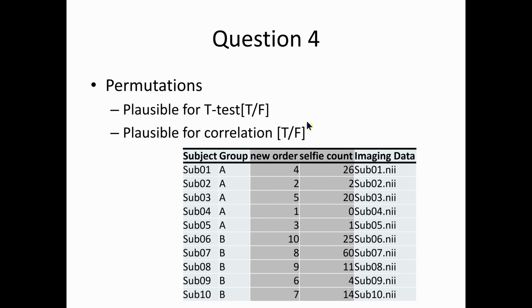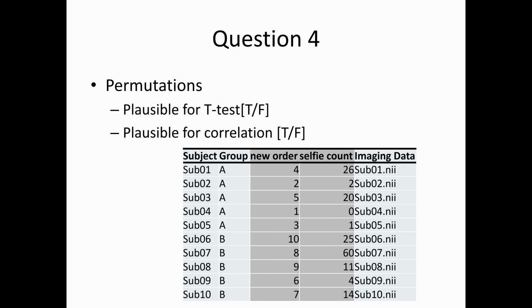So here we have a resorting of the data, and so you have two different groups, Group A and Group B, and you've now reordered the data in this way, and then you also have your selfie count, and you reorder the data this way. So if you reordered the data, so 1, 2, 3, 4, it's lining up like this, would that be a plausible permutation for your between group t-test, versus if you permuted it in this new order, would that be a plausible permutation for your correlation?